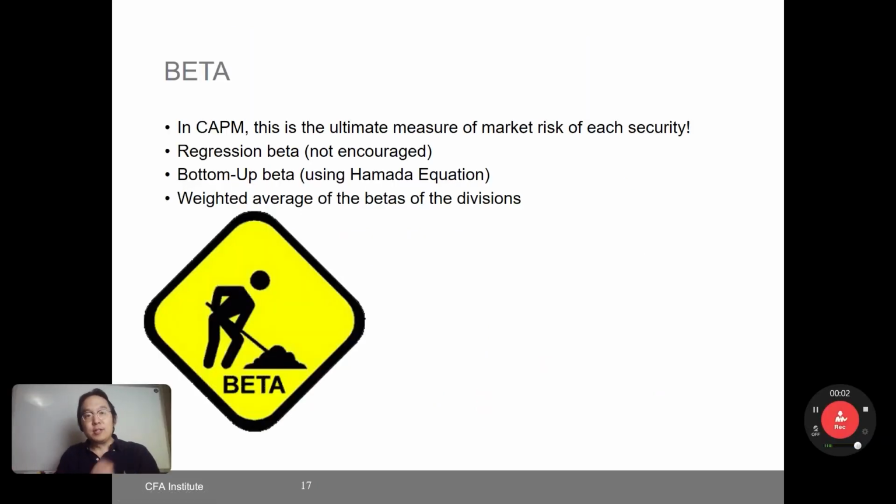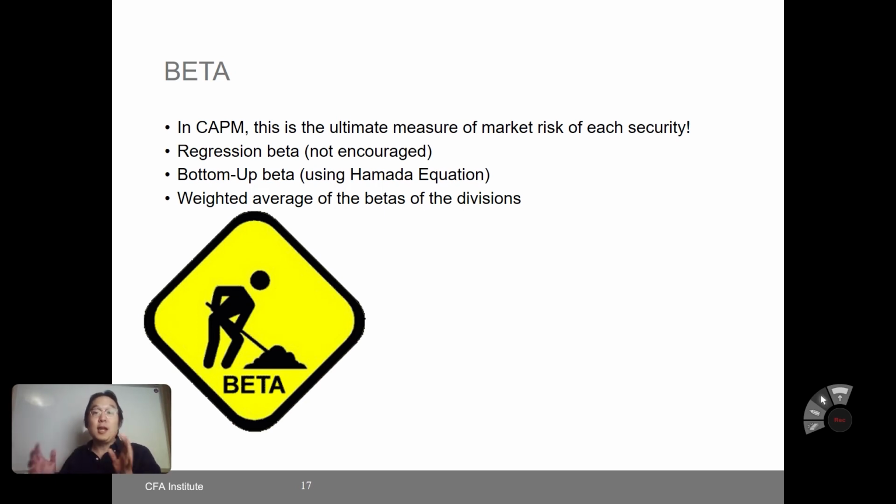All right, so beta. In the capital asset pricing model, or CAPM, this is the ultimate measure of market risk of each security. Now, we introduced the beta as a covariance over variance, and we already told you that it is coming from the concept of linear regression.